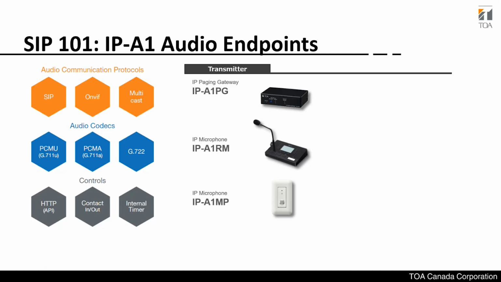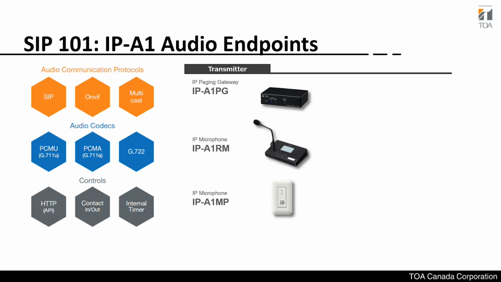So IP audio endpoints consist of transmitters. The transmitter is the IP1PG, an IP paging gateway. It's the main entry point to IP1. It supports the SIP protocol, so you're able to call the IP1PG and do mass paging using multicast.